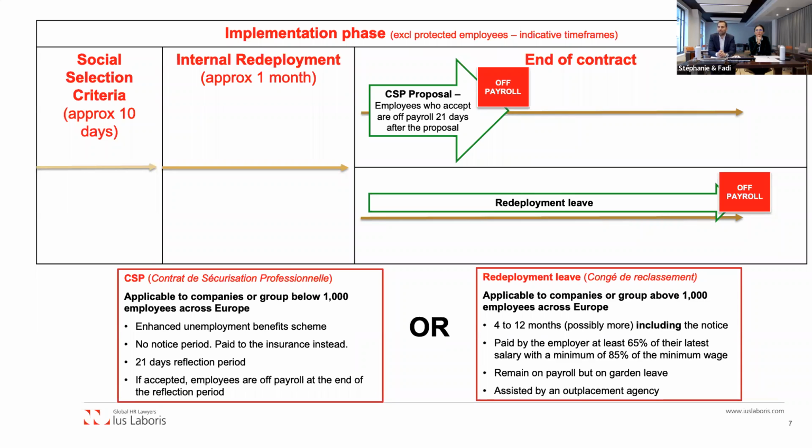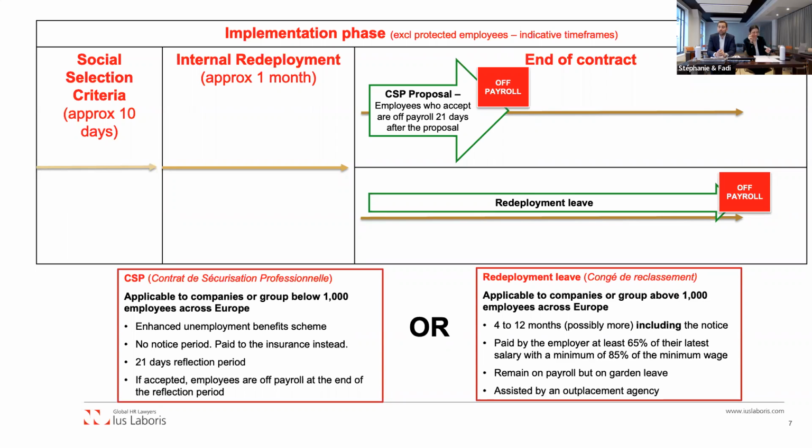the European economic area, in this case, you will be under a scheme called the CSP. The CSP is an enhanced unemployment insurance benefit scheme. They almost get 100% of their net salary during 1 year for employees who have more than 1 year length of service.